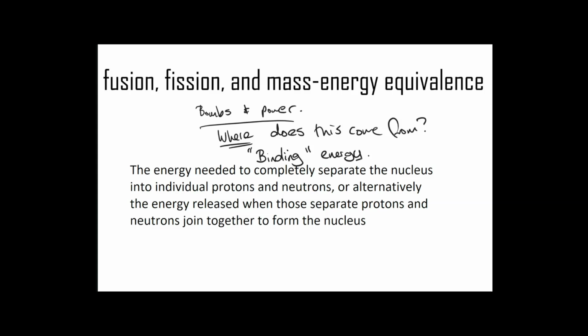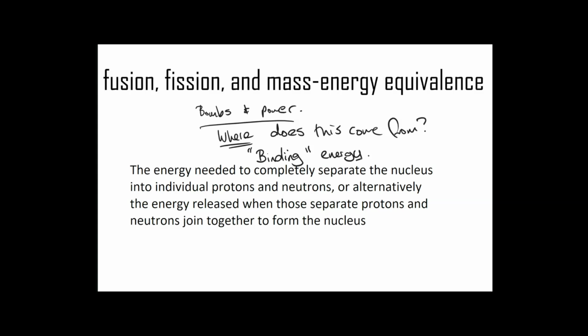So binding energy is the energy that's needed to completely separate the nucleus into the individual protons and neutrons. In other words, we completely disintegrate all of them away from each other. Or alternatively, it can be expressed as the energy released when those separate protons and neutrons join together to form a nucleus.